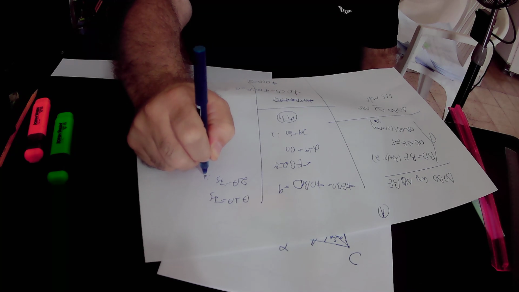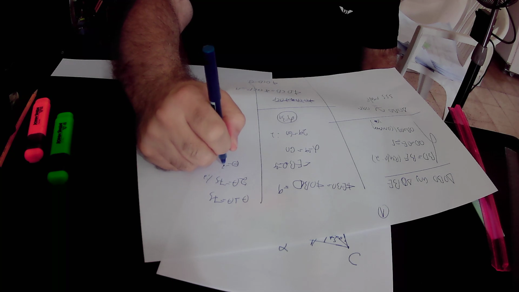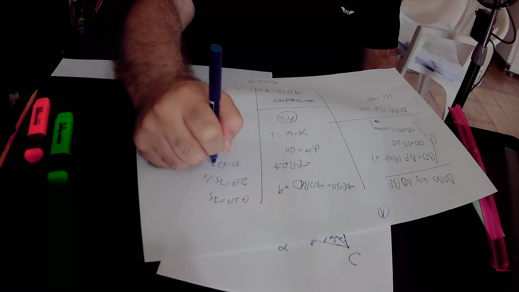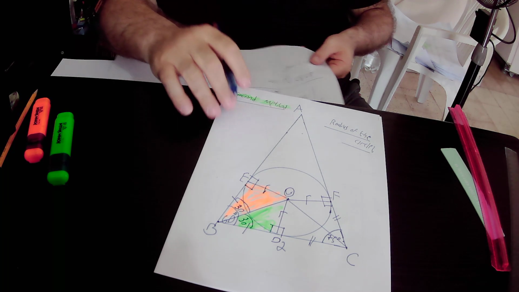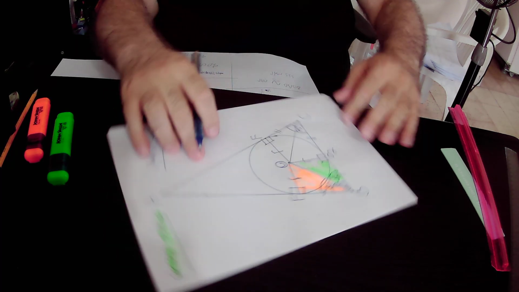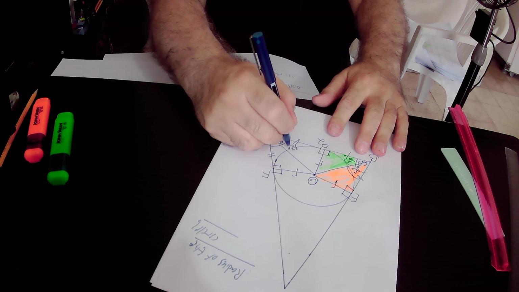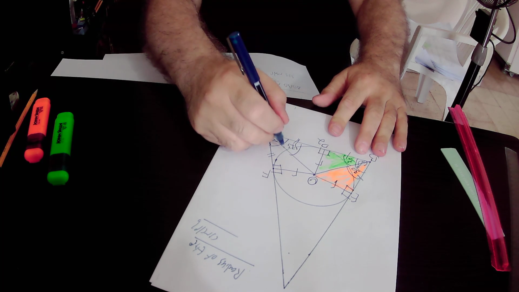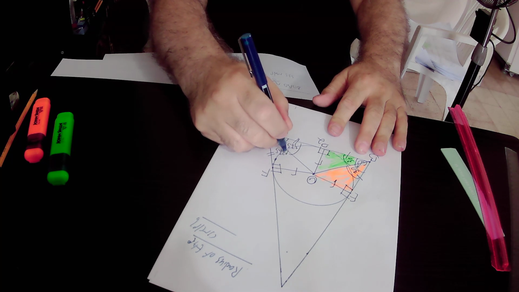Here we divide this equation by 2 and we get that angle theta equals 37.5 degrees. This angle theta equals 37.5 degrees, and this angle theta also equals 37.5 degrees.